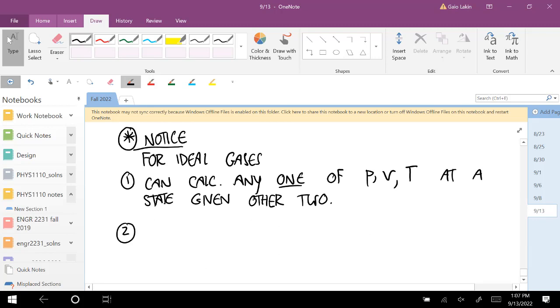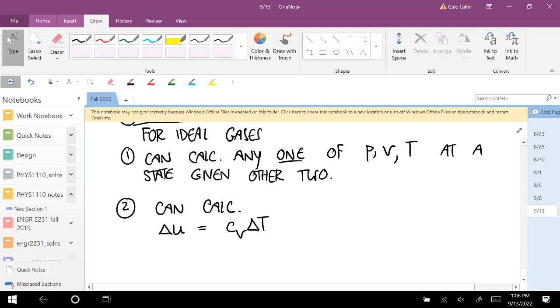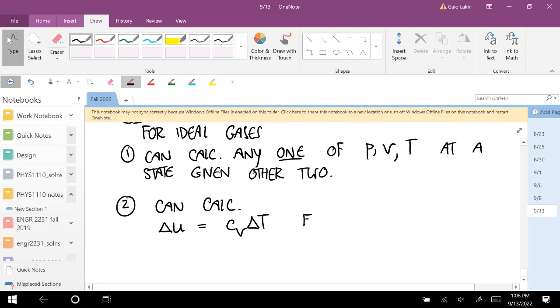Second, you have to be careful with this because du dt changes a lot more with gases than it does with liquids, but you can calculate the change in specific internal energy as equal to CV times the change in temperature for small changes in temperature.